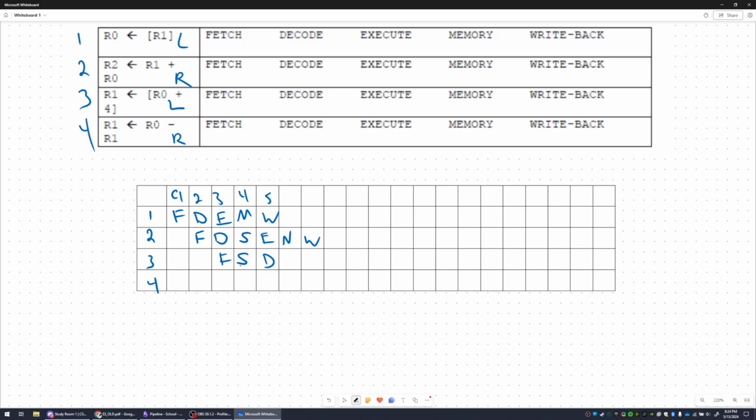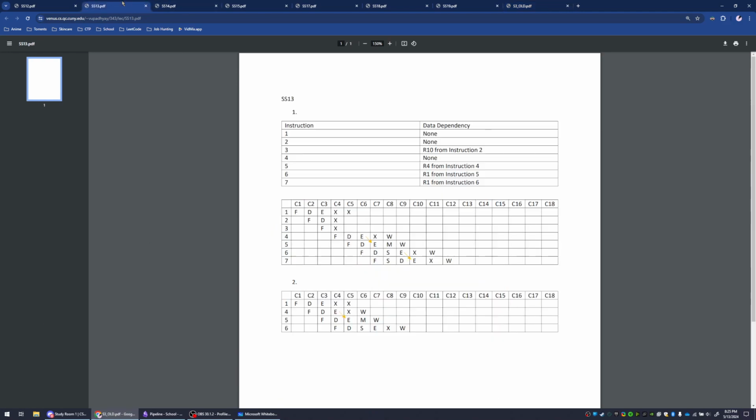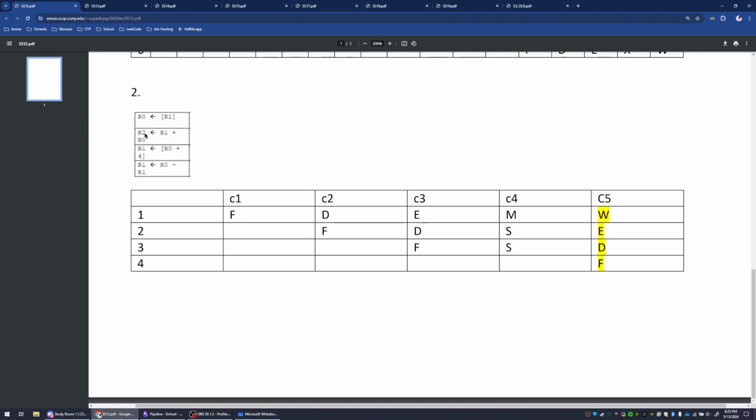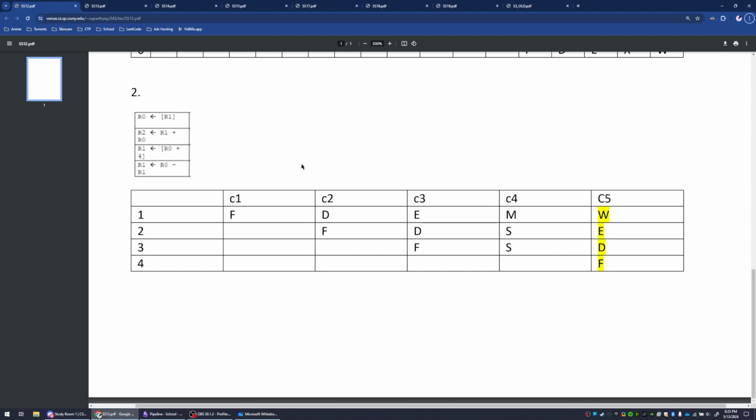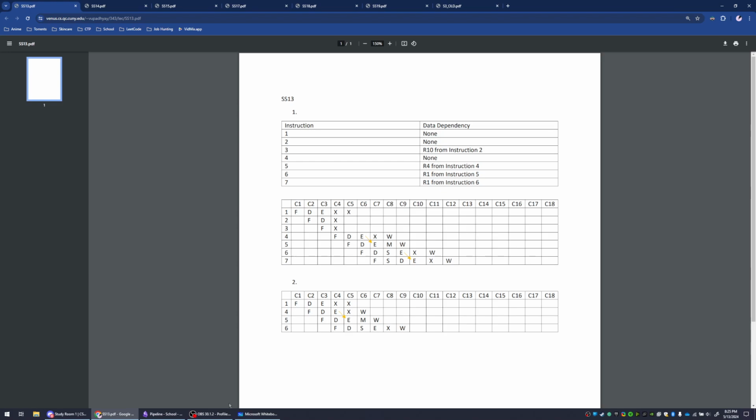Decode. Stall here. Then fetch. Since we only need to know this, who cares? So the answer for this is write back for instruction 1, exec, decode, and fetch. That should be what he gave us. Yeah, write back, exec, decode, and fetch.